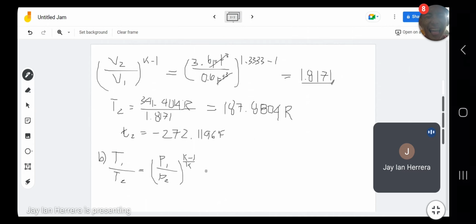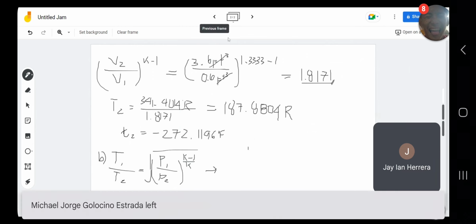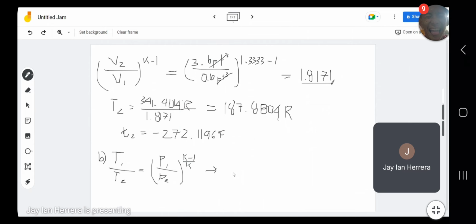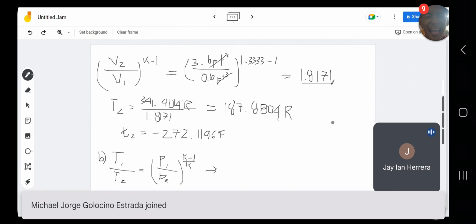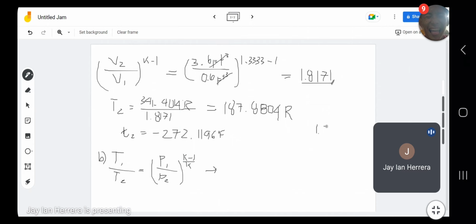Okay, so in this matter, i-solve muna natin si 1.333 minus 1 all over 1.333, so that is alpha A minus 1 all over alpha A.